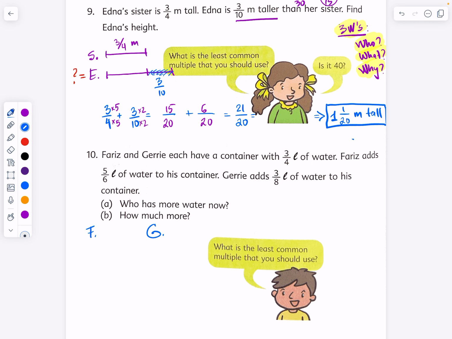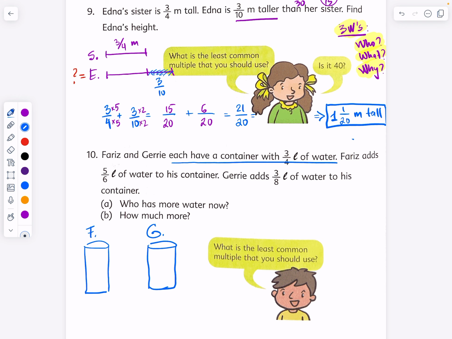Now, what is the problem talking about? It's talking about their containers of water. So let's give them little beakers or cylinders, whatever you guys like to call these. And what do we know? We know that each have a container with 3/4 liter of water.